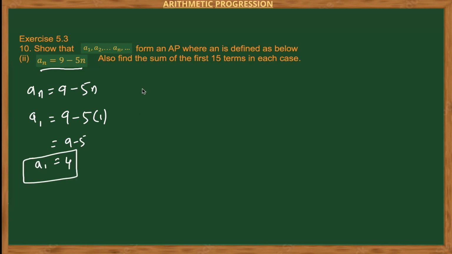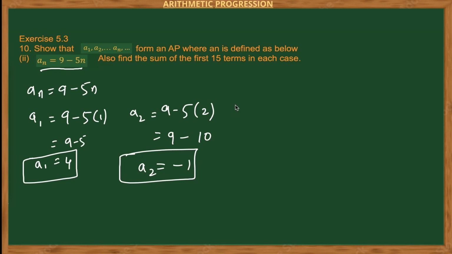So let's find the second term. a of 2 is equal to 9 minus 5 times 2. 5 2s are 10, 9 minus 10 is minus 1, so a2 is minus 1.